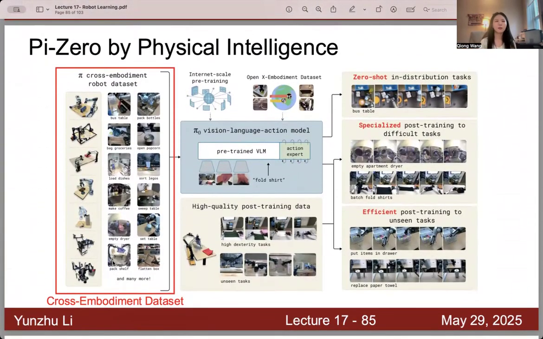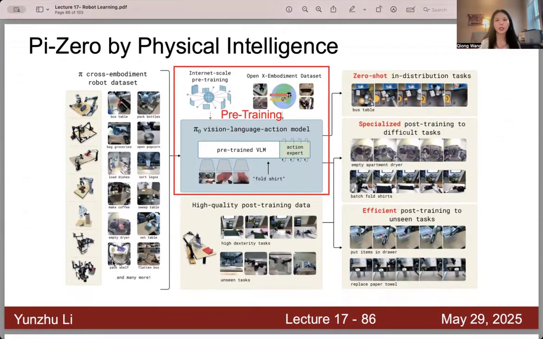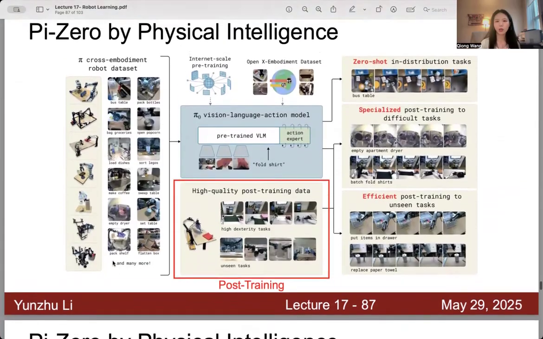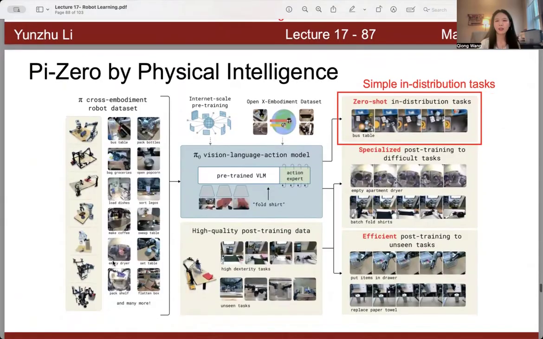PI0, by Physical Intelligence, is produced like this. We use a cross-embodiment dataset, pre-train on the dataset, and after that do post-training.